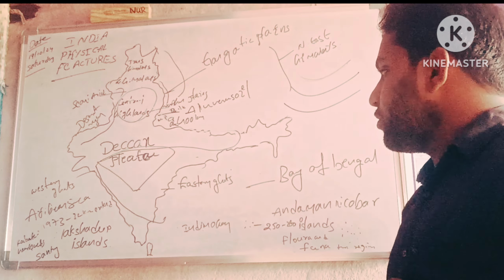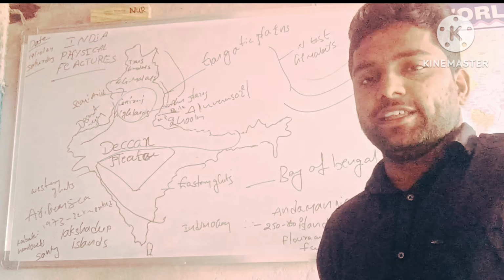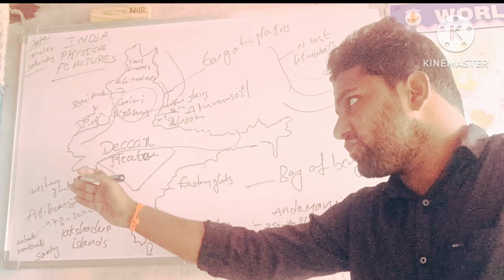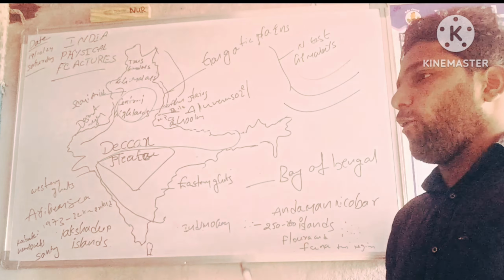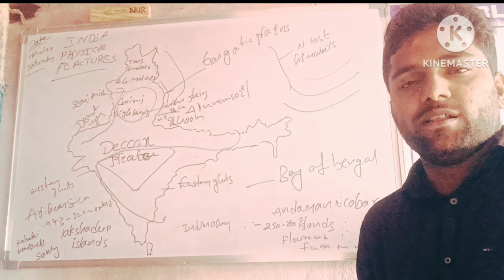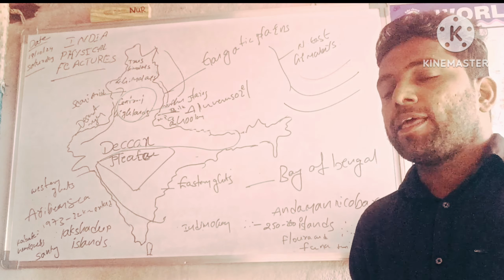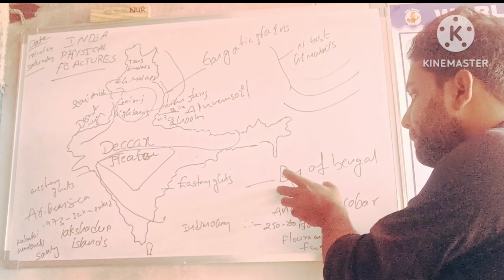Otherwise, we find the Bay of Bengal and the Arabian Sea, the two seas. The Arabian Sea is located on the western side and the Bay of Bengal on the eastern side. Why do we call it the Bay of Bengal?